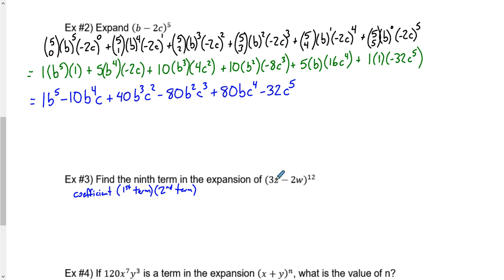What I mean by first term is 3z, and our second term is negative 2w. Our coefficient is going to be 12c, let's see, 9th term. Well, if we look at it, we can see that all of our combinations always start at 0, which means our 9th term would be a 12c8.